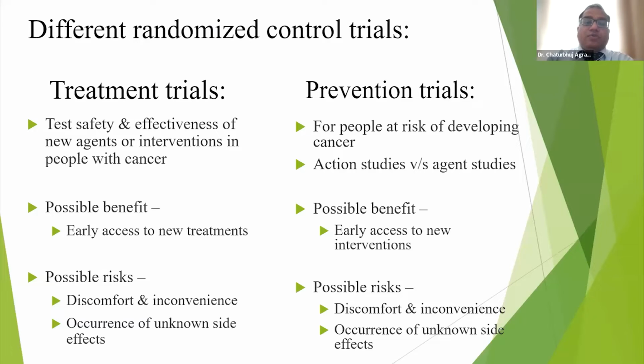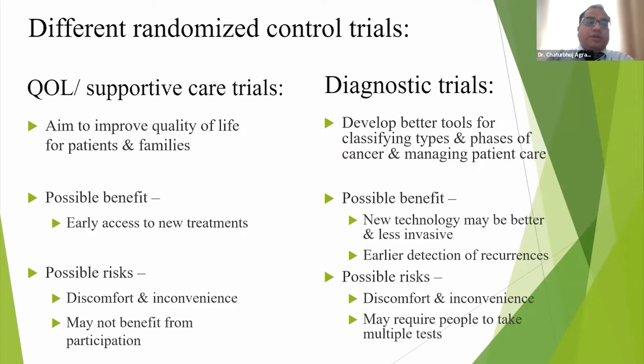The very well known prevention trial is the chemoprevention trial in prostate cancer that we will look at in the subsequent slide. Treatment trials I don't need to describe, because we know that the majority of the clinical trials on which approvals are based are treatment trials.